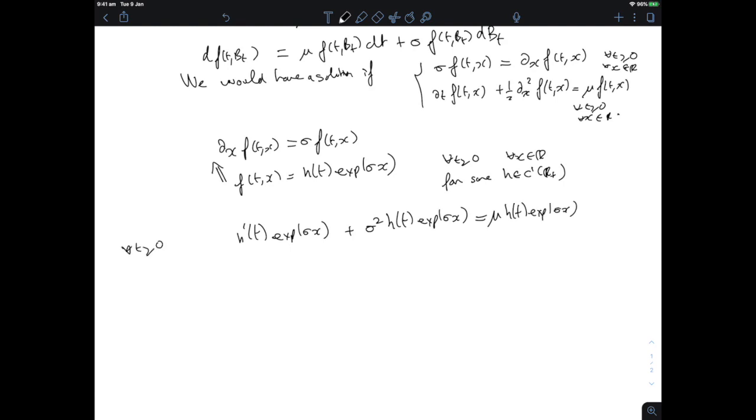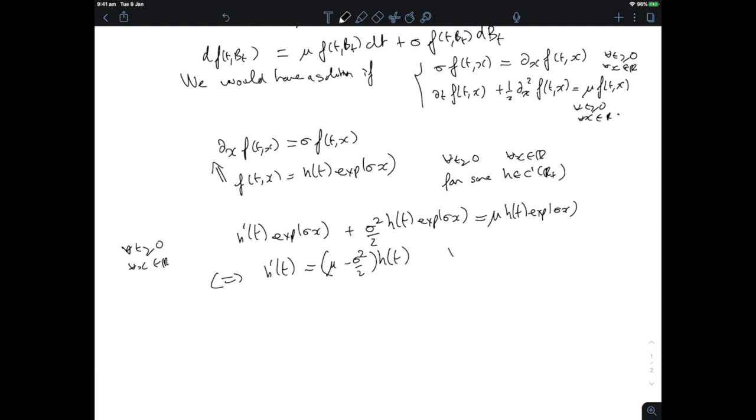Again, for all t and for all x. Now, I can divide by exponential sigma x on both sides. So really, this is an ordinary differential equation for h. I'm looking for an h that satisfies h prime t is equal to, I forgot my over 2 here, mu minus sigma squared over 2 times h of t.